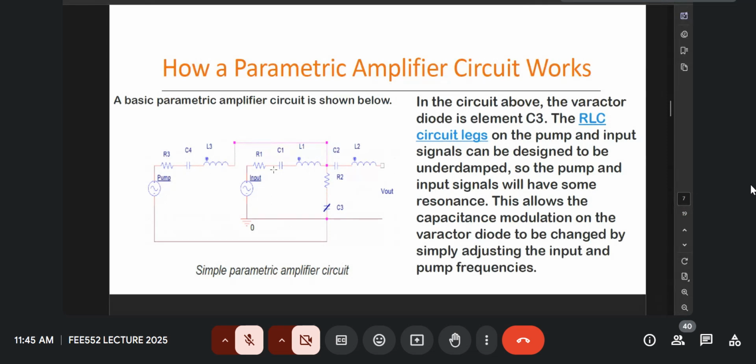In the process of oscillating at resonance, we have energy transfer between the high frequency signals FP and FS, releasing output frequencies of FS amplified and the idler frequency. I don't know if I've answered you.